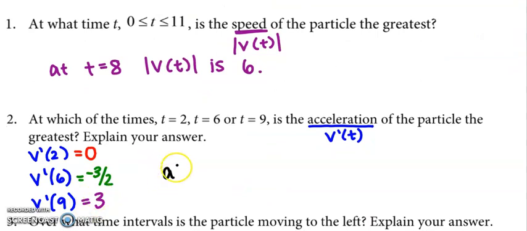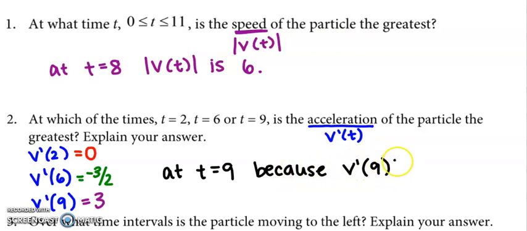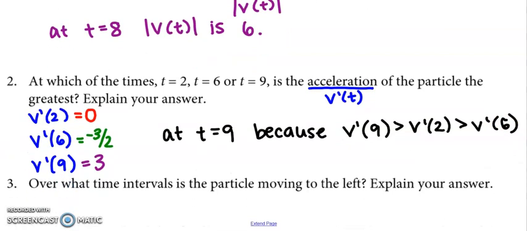So we would say at t equals 9, because v prime of 9 is greater than v prime of 2, which is greater than v prime of 6. Over what time intervals is the particle moving to the left?